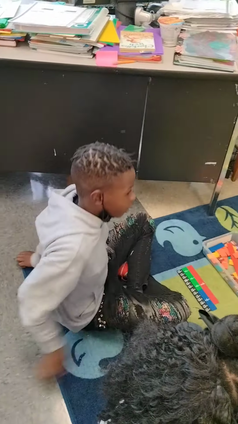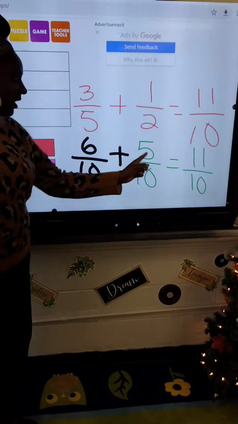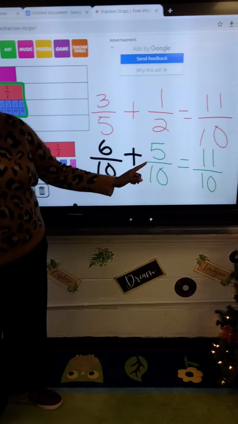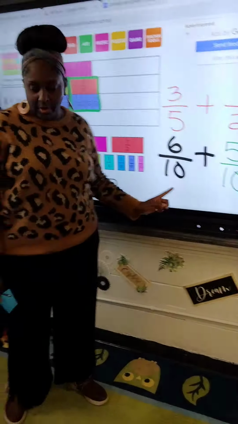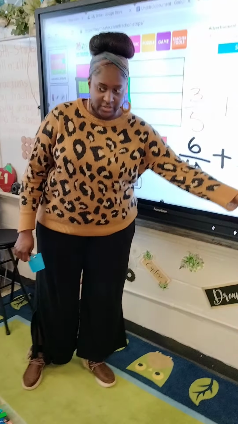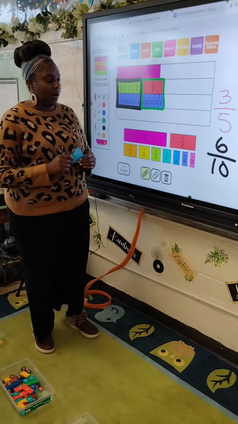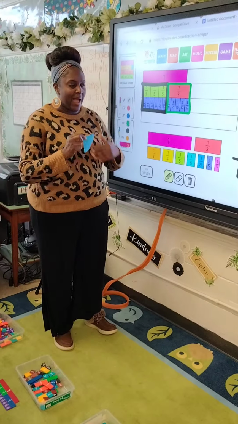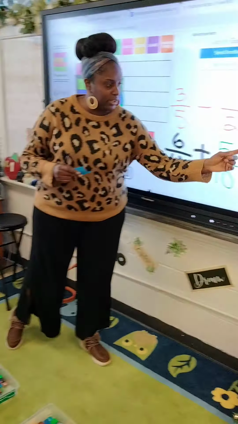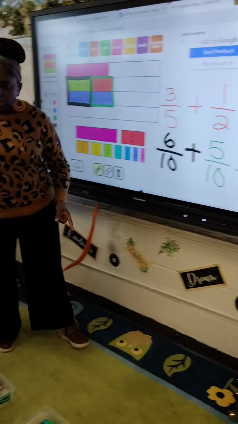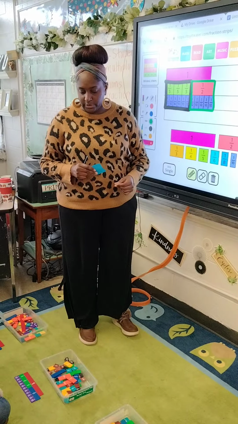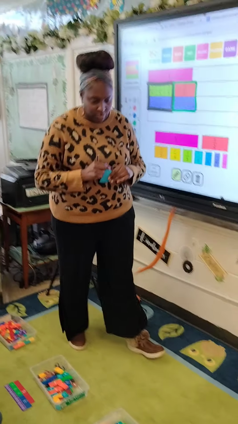They added the top number, then they kept the bottom number, so it's going to equal 11 tenths. That's right. What's my top number called? And what's my bottom number called? Very good. Next time we're going to talk about how we can change this improper fraction to a mixed number. Okay, very good. Now go back to doing your work.